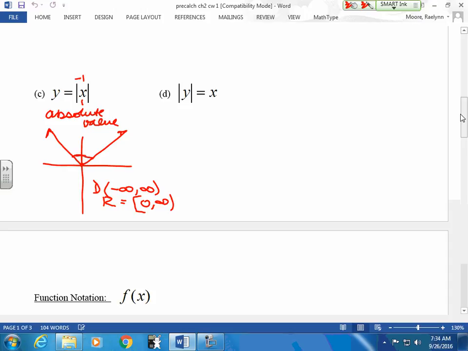Now, this next guy, this is also an absolute value. This tells me the opposite is true here. So if I give you a value of x, let me put some down. Just a couple of values. If I give you a value of x, what if x is 1, what is y?